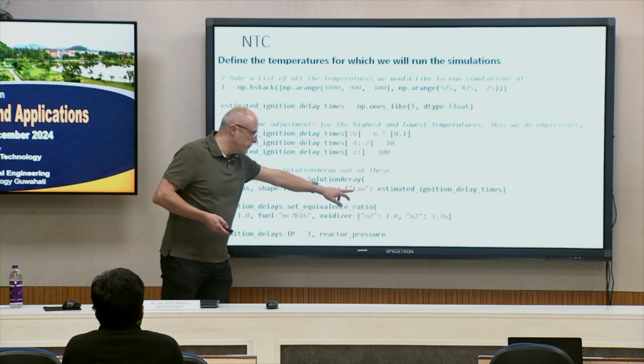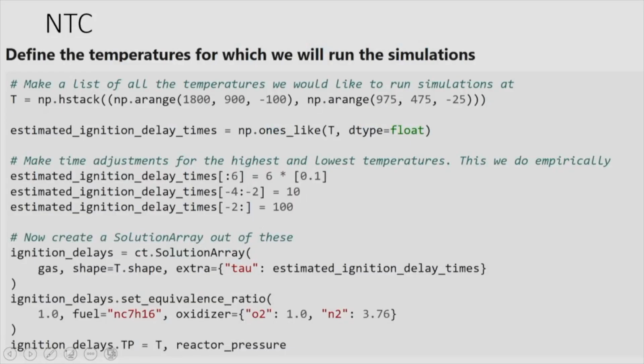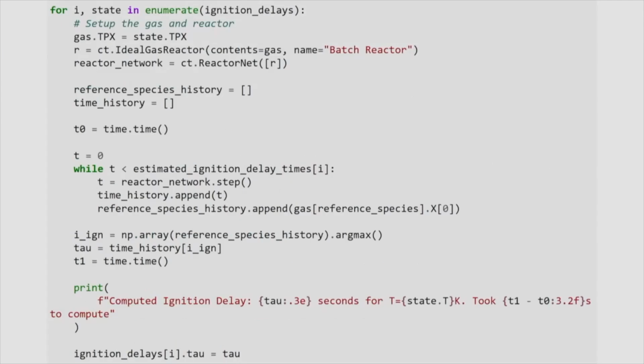So then you get the tau again for each configuration. We use the same mixture composition here, N-heptane in air, phi equal 1. And then we just have a loop over all of the temperatures we want to examine, and get for each temperature our ignition delay time.